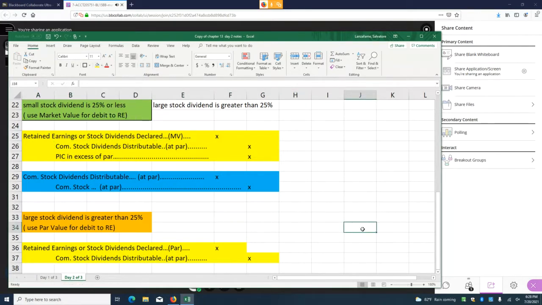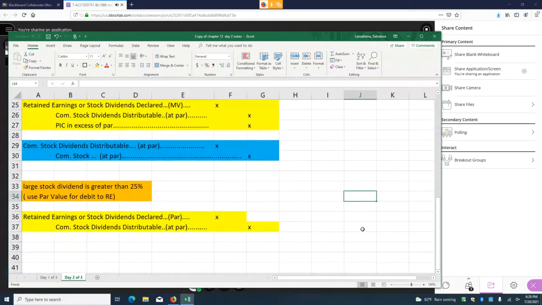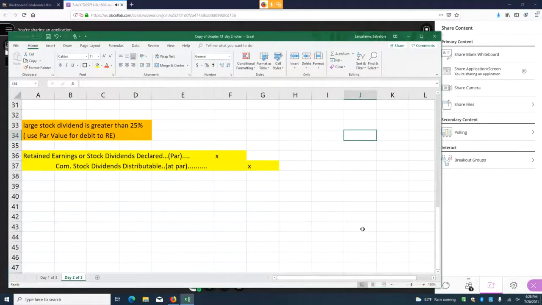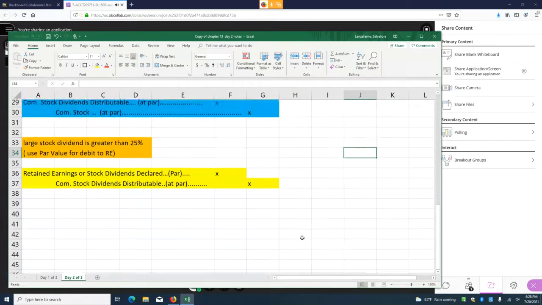So look at the first journal entry on the date of declaration. There's no PIK. There's no PIK because your debit is at par and your credit is at par. So there's no need for that PIK account. That PIK is just in case you're over par and you need to help make up that difference.